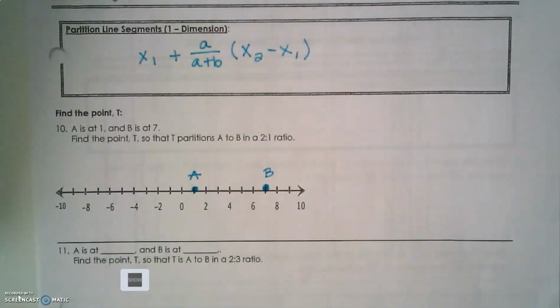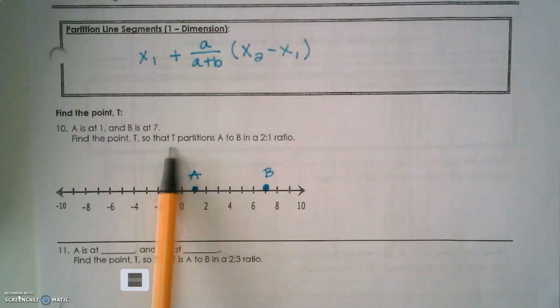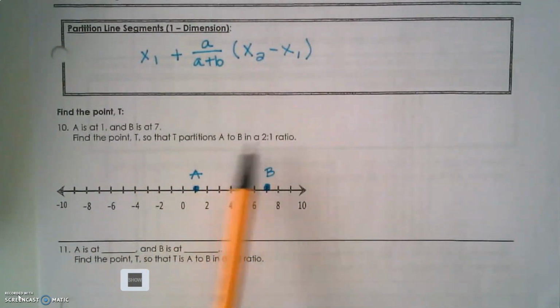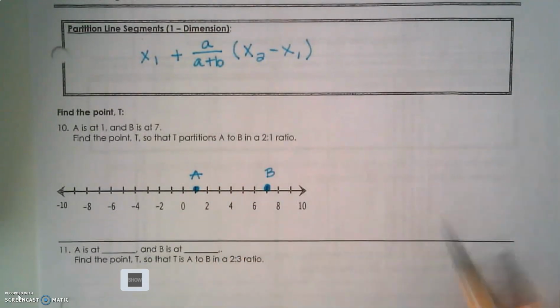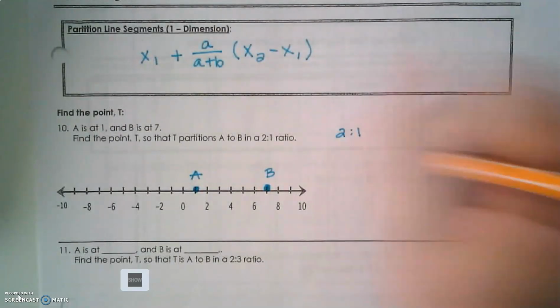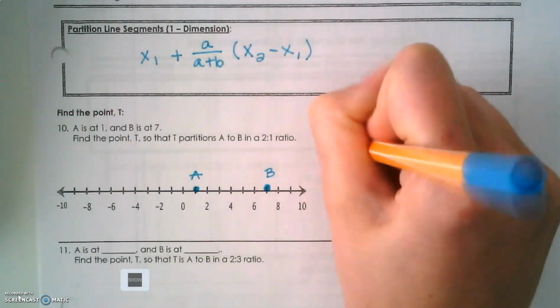And we're looking to cut this line into pieces. Well, how are we going to cut it? It wants you to find point T, so that T partitions, or cuts, A to B into a 2-to-1 ratio.